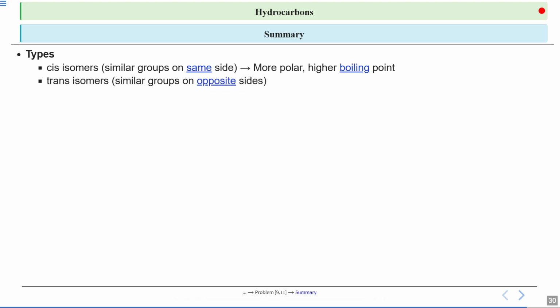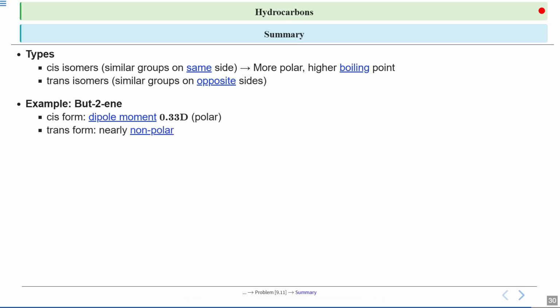Again, in the trans isomer, the groups are present on the opposite side. Now moving on further, if you take butene, then butene can exist in cis form where the dipole moment is 0.33. So you can remember that the cis isomer has a dipole moment, whereas the trans form has near zero polarity.